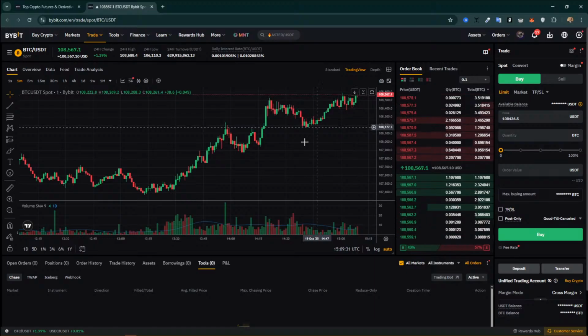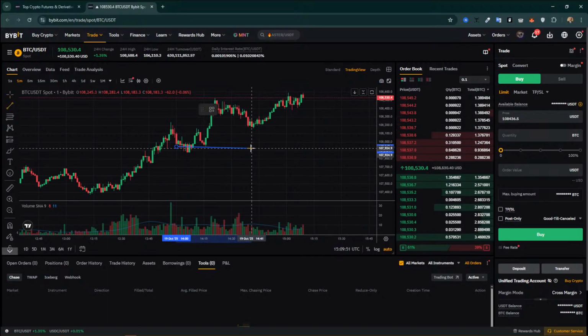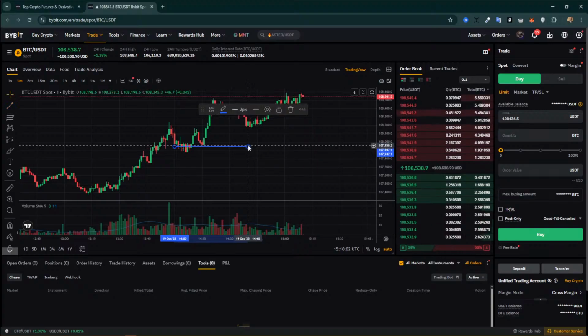So we are trying to look at the example of a stop loss. So let's use this line here. This line means nothing. I'm just going to use it to show you an example. So let's say someone placed an order on this line here, and then this is this amount.